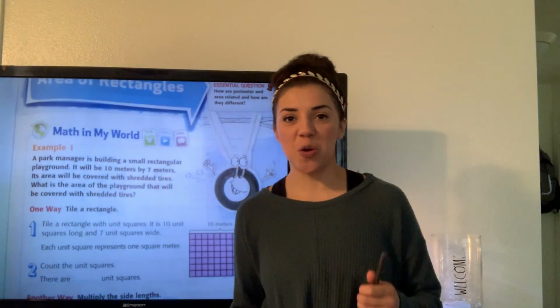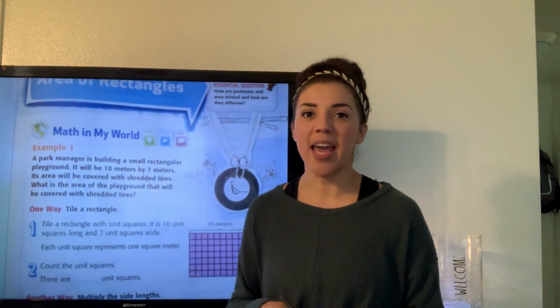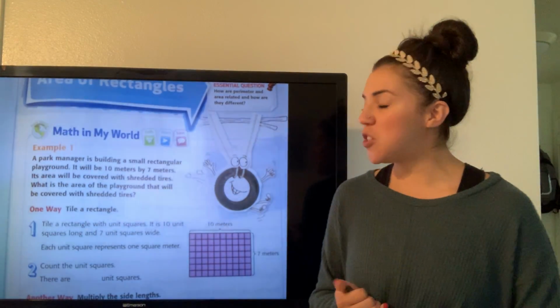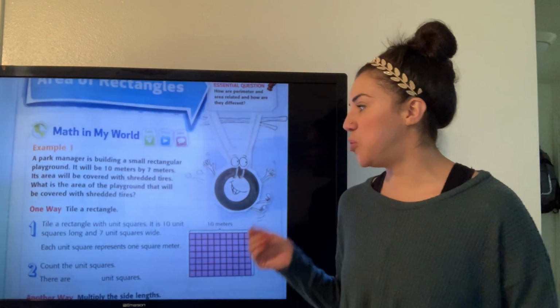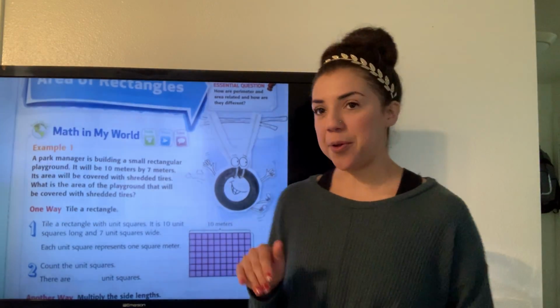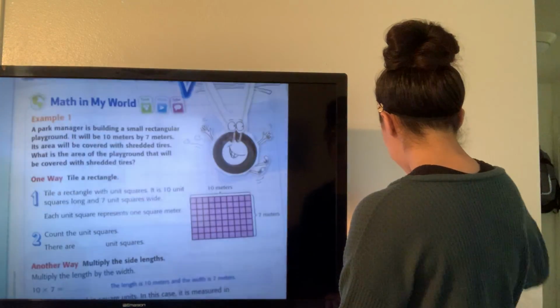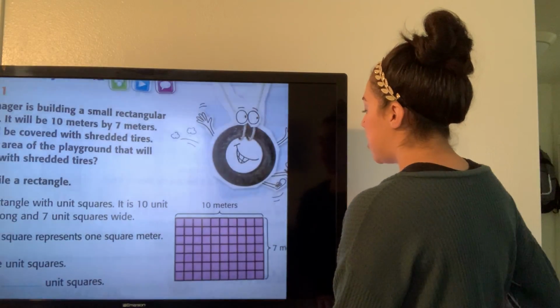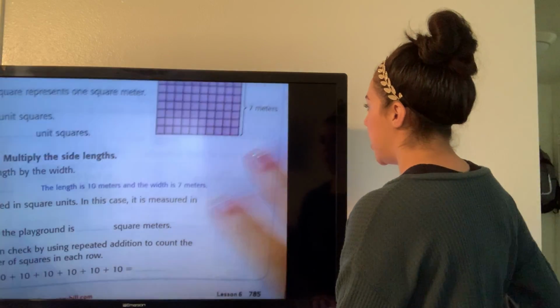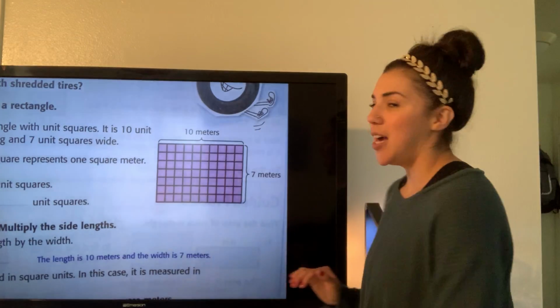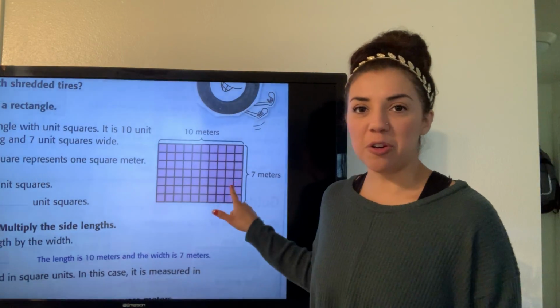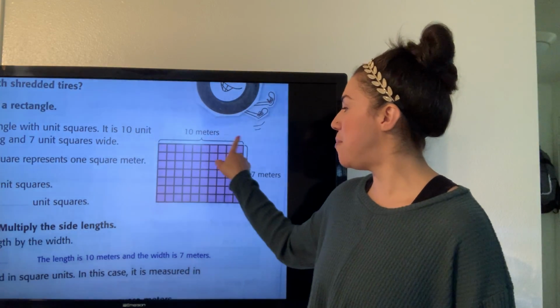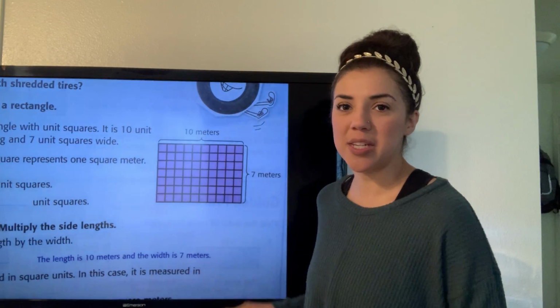So they're going to show you two ways to do this, okay? The first way is to tile a rectangle. Here they gave you the rectangle that is 10 meters by 7 meters, okay?